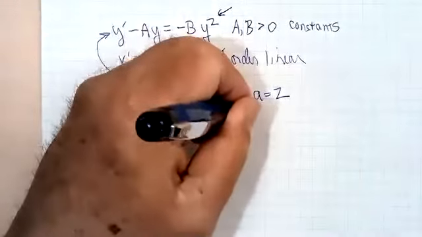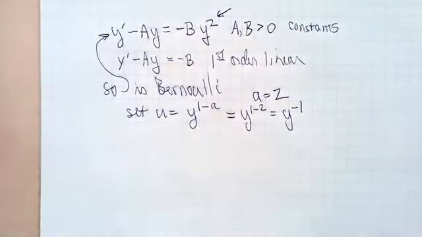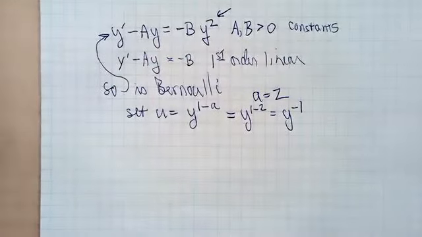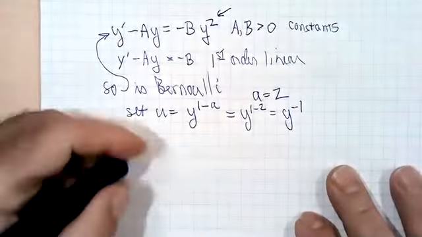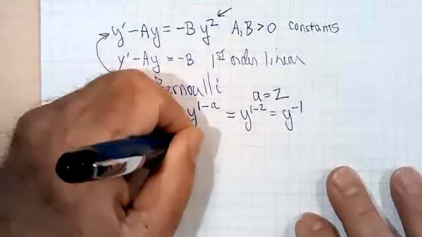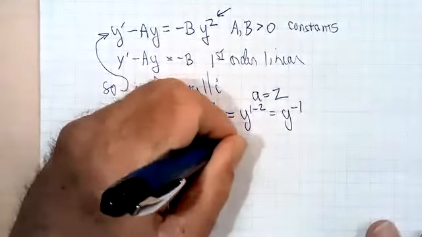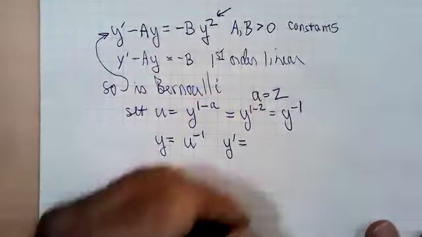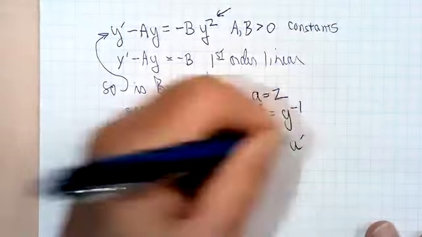So it's y to the 1 minus 2 power, or y to the minus 1. So u equals 1 over y. It's also true then that y is equal to 1 over u, or u to the minus 1. And therefore y prime is equal to minus 1 u to the minus 2 u prime.